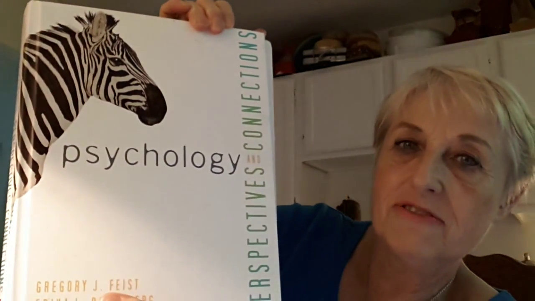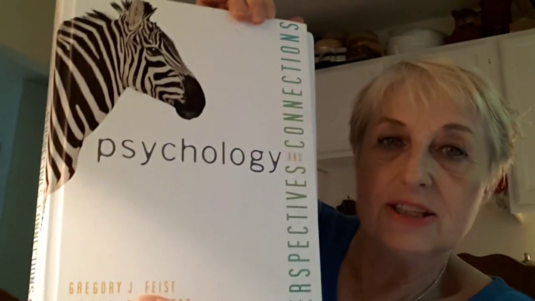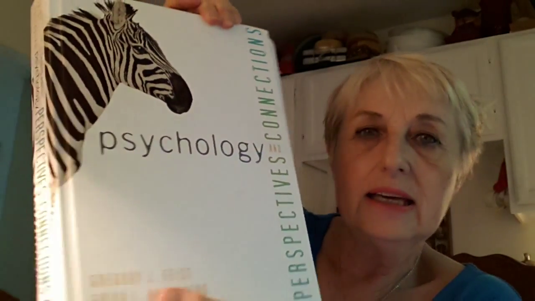If you have purchased the book that goes with this class, which looks like this, Psychology, Perspectives, and Connections, by Feist, the 2nd edition, it should come with an access code to the Connect classroom if you purchased it at the college bookstore. If you have a used textbook, that's fine.